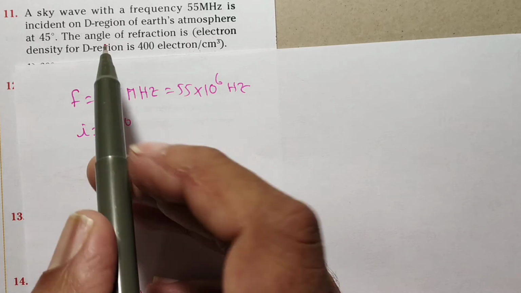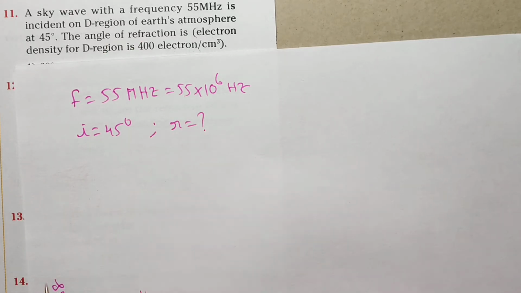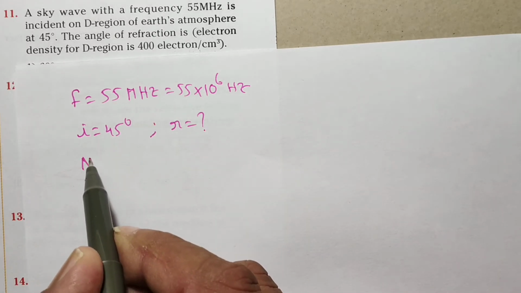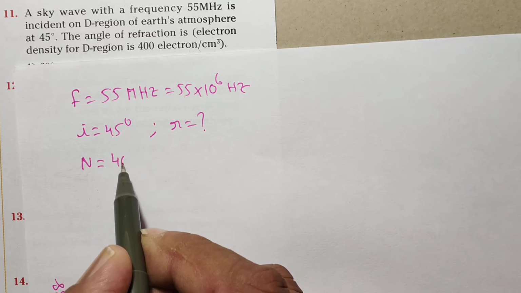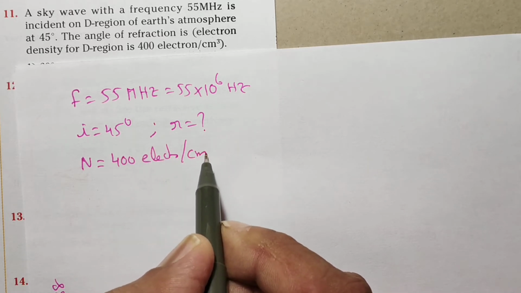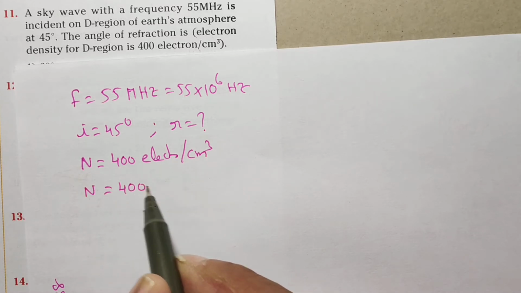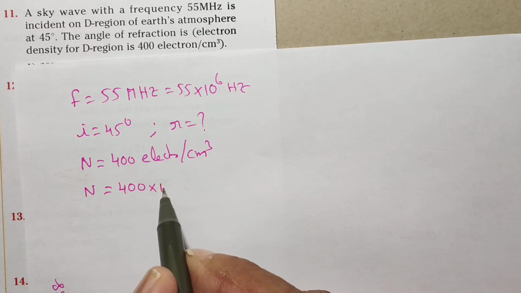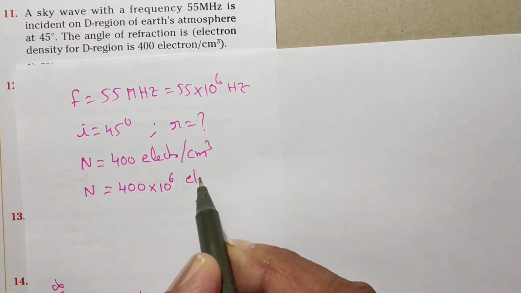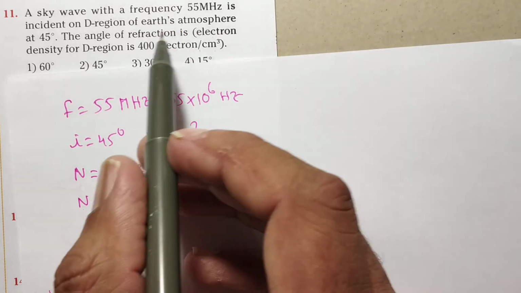And the angle of refraction r we have to find, such that the density n they have given is 400 electrons per centimeter cube. In meter cube we write it as 400 into 10 to the power of 6 electrons per meter cube.